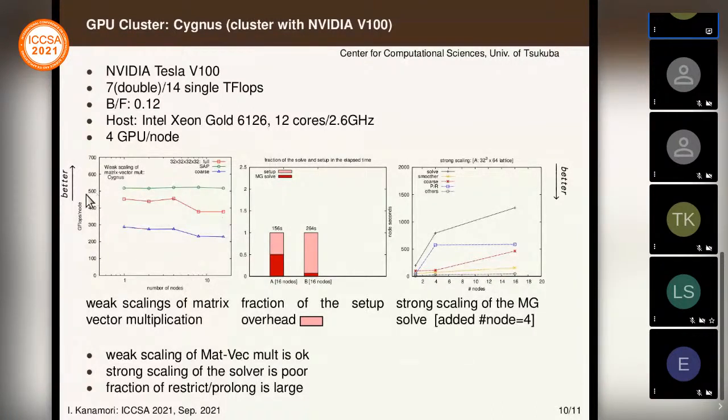The weak scaling of matrix vector multiplication is okay, and the performance itself is okay, but strong scaling is not very good, unfortunately. And we find that the fraction of the restriction and prolongation stage, this blue one, is rather large compared with the other two implementations.